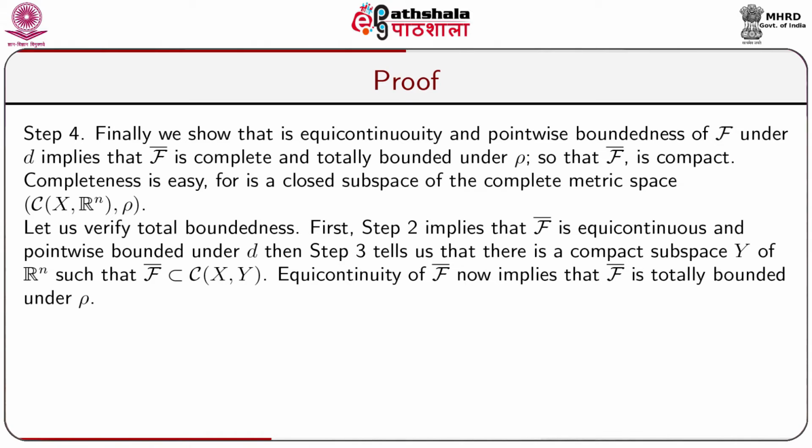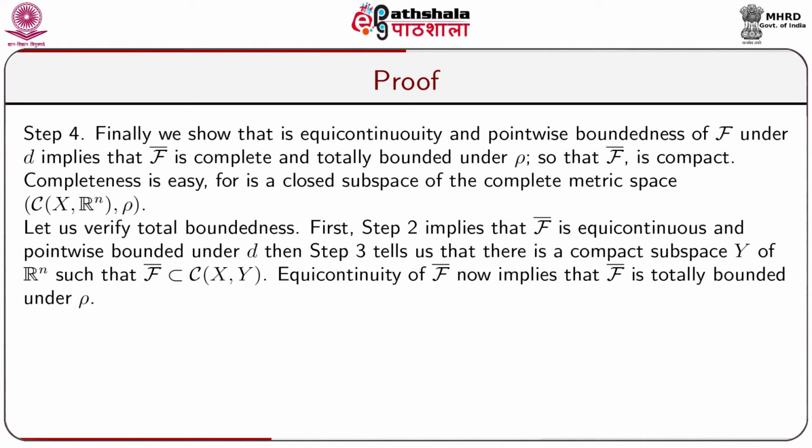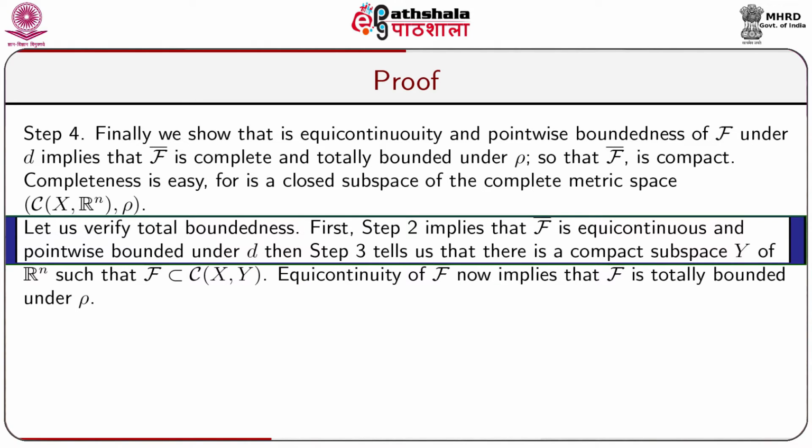Step 4. We prove the if part of the theorem in this step. Assume that script F is equicontinuous and pointwise bounded under D. We show that G is complete and totally bounded under rho. Then G is compact. Completeness is easy, for it is a closed subspace of the complete metric space C(X, R^n) with rho. Let us verify total boundedness.